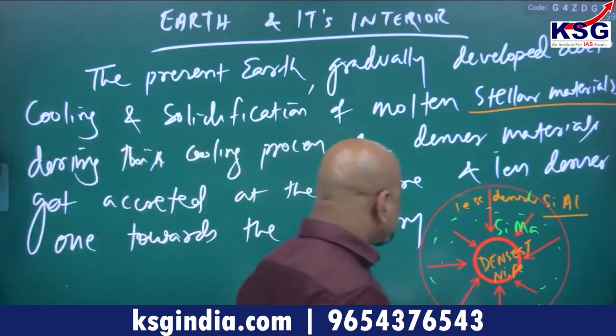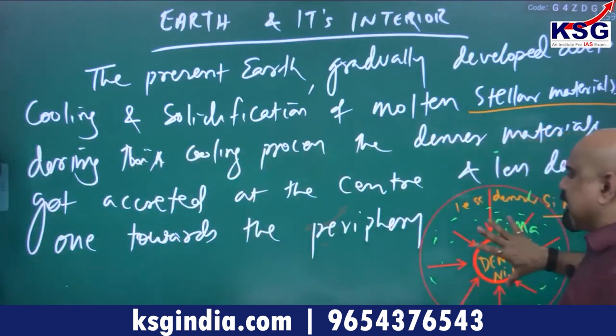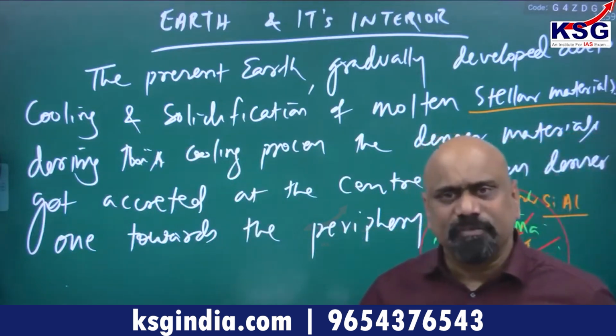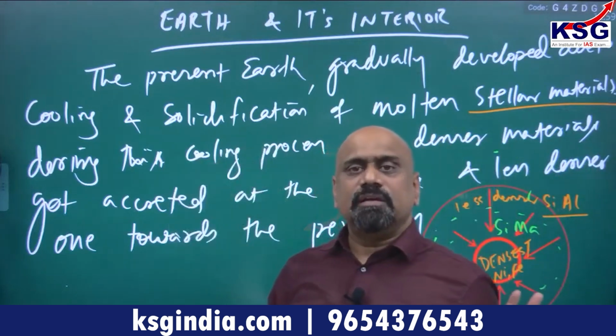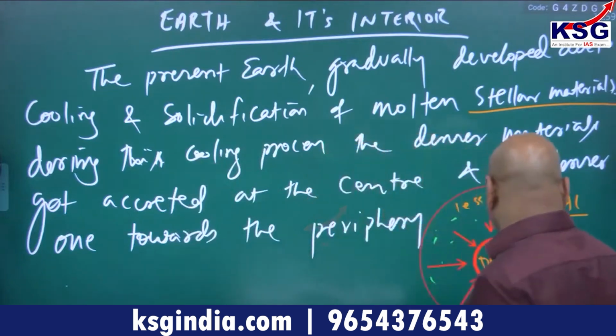Again, I am saying the densest material is accreted at the center, less denser one towards the periphery. Thereby, it developed three distinct zones here. What are those?